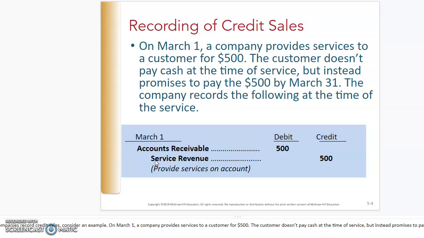All right, when we record credit sales or credit service, instead of receiving cash at the time of the sale or the service rendered, we have accounts receivable. Okay, accounts receivable is an asset, it goes up. Service revenue is a revenue account, it goes up with a credit.